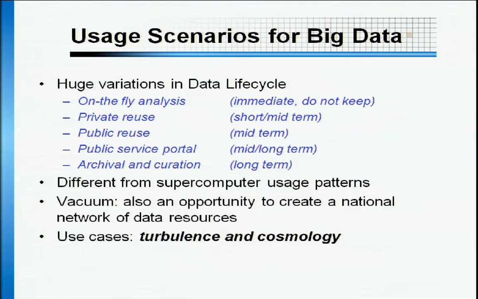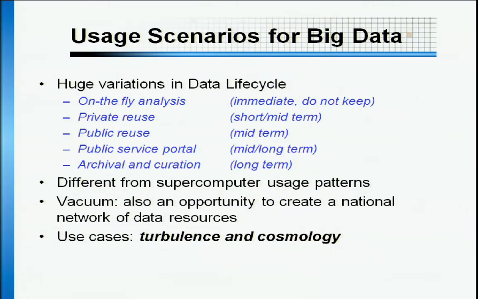Then there's private reuse, when we actually store some of the snapshots. This is the second kind of popular modus operandi today, that it goes into scratch disks, and we keep it for a couple of weeks, maybe a month. At that point, we can go back to some of the snapshots that we stored, do the analysis, and then wipe the data out.